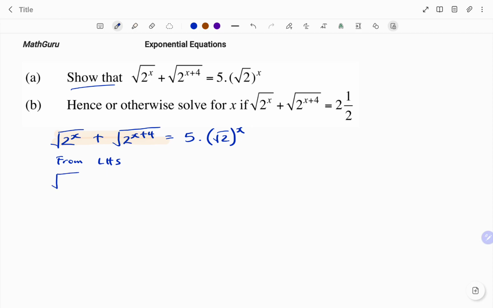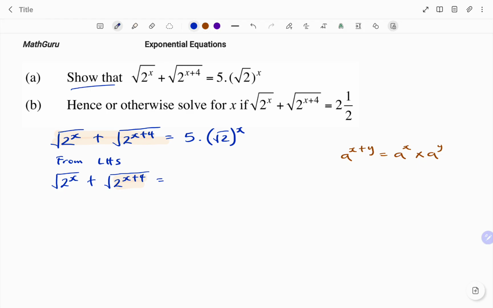I have the root of 2 to the power of x plus the root of 2 to the power of x plus 4 equals. I'm going to break down what I have under my root here using the laws of exponents, which state that if I have a to the power of x plus y, it's also equal to a to the power of x times a to the power of y in expanded form.